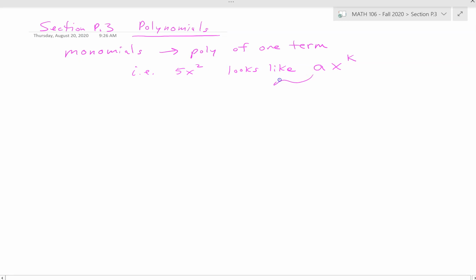So a is a real number. You don't always have to have coefficients that are integers. You could have them as real numbers. Now k, we already know what that is. That's the exponent. This is the degree of the polynomial.